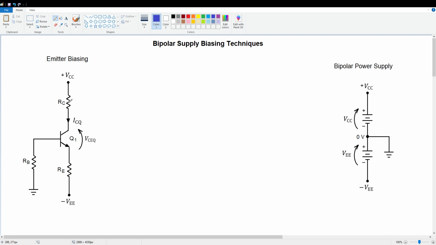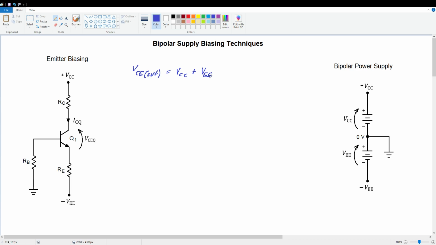So with no current flow, we've got no voltage drop across RC, no voltage drop across RE. The entire supply is dropped across the transistor. So we end up with VCE in cutoff equals VCC plus VEE.